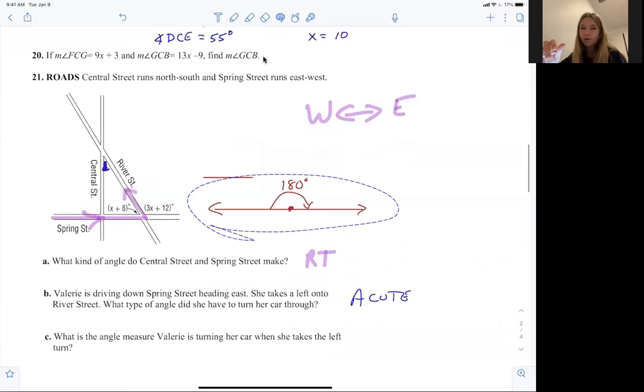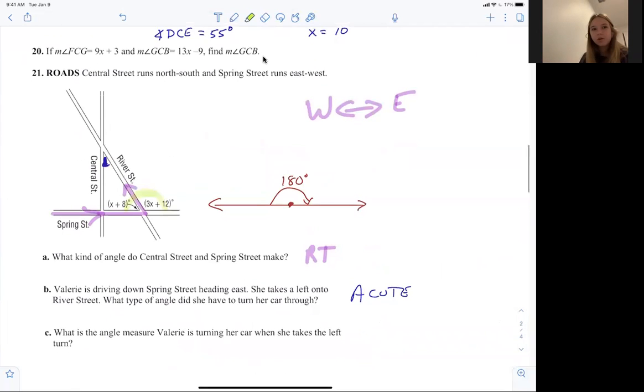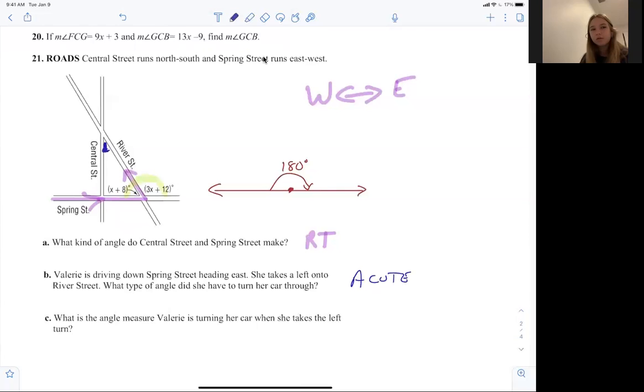No, they're definitely not congruent. They add up to 180 degrees. Is everybody with me? This angle right here, now you've got to watch. This angle plus this angle adds up to what? 180. All right, so let's do the math real quick. That'd be 4x plus 20 equals 180, right?